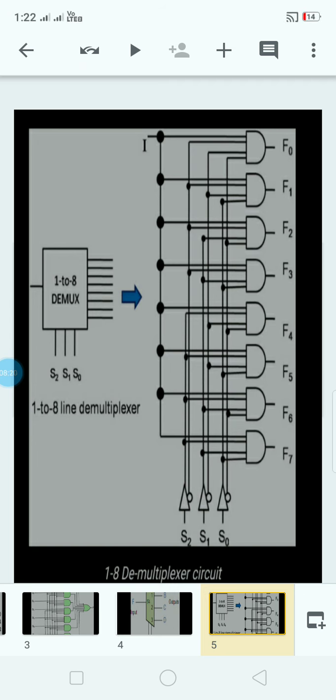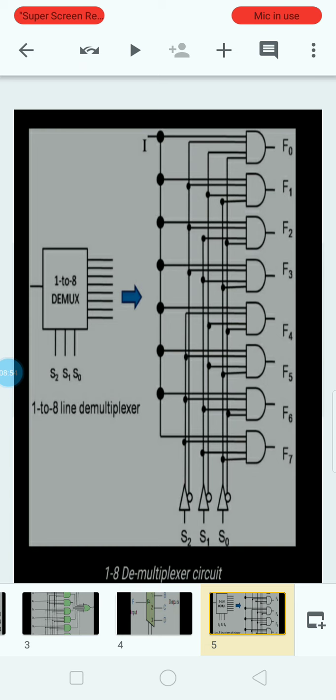The input bit is considered as data D and it is transmitted to the output lines. This depends on the control input value of AB. When AB is equal to 0, 1, the second gate F1 is enabled, while the remaining AND gates are disabled, and the data bit is transmitted to the output, giving F1 equal to data.